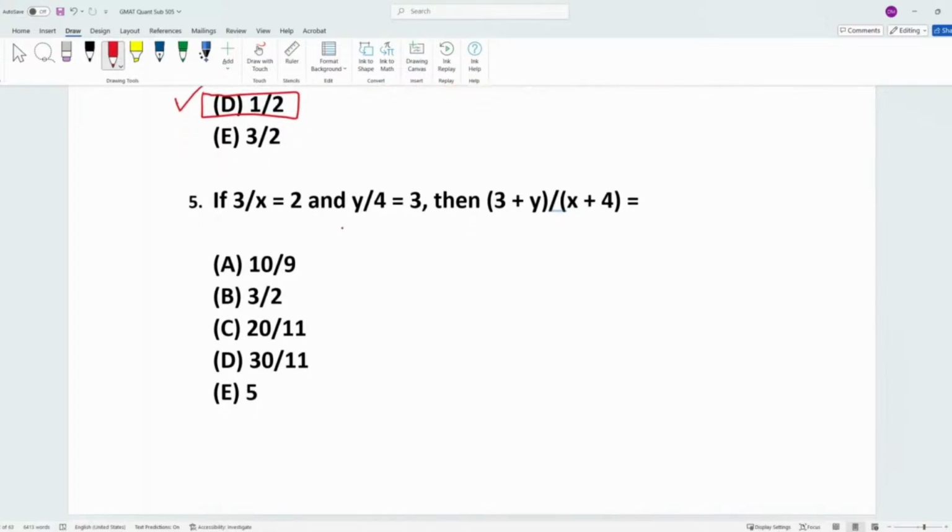Yeah, so if 3 over x is equal to 2, and y over 4 is equal to 3, then they want us to find 3 plus y over x plus 4. Okay, so for more space, let me find.